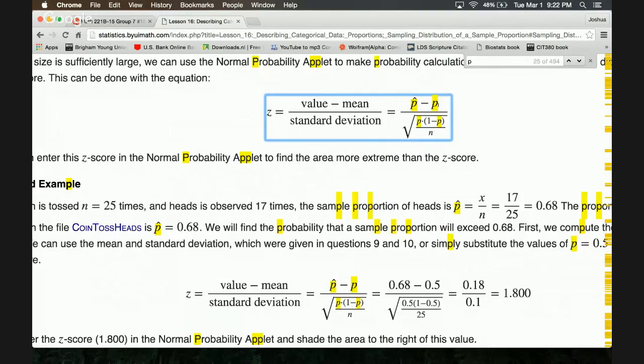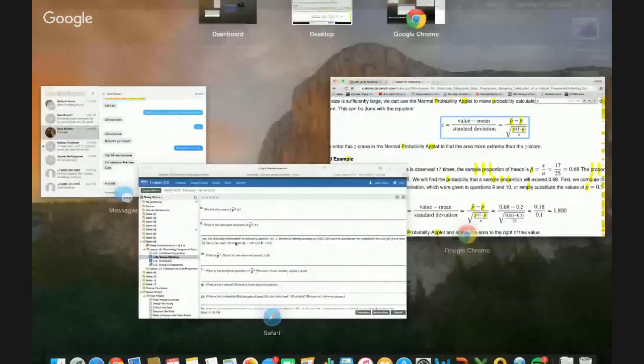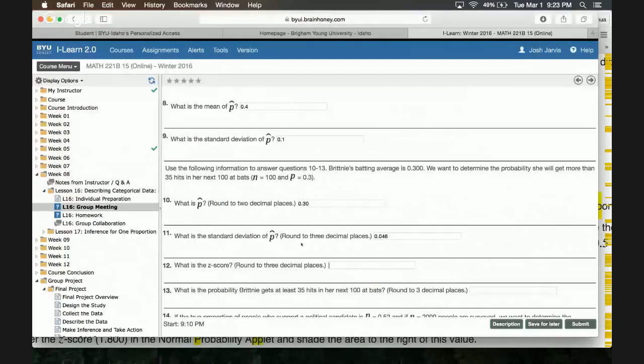You're going to get a negative z-score. But the problem is you want to know the probability that she'll get more than 35 hits, not less than. So I think the z-score's got to be positive, right? No, I think the z-score is negative, because her average is 30% and we're looking for 35.